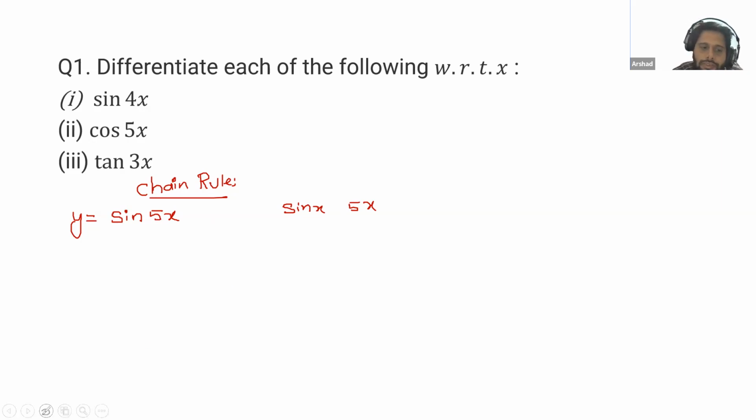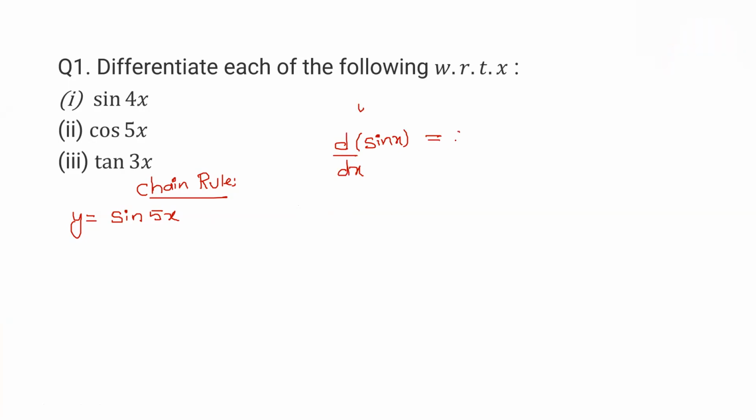How do we solve these types of functions? I hope you might have done the chain rule in class 11th also. Y, we will write like this, sine x. So what is the derivative of sine x, Fahad? Cos x. Very good.